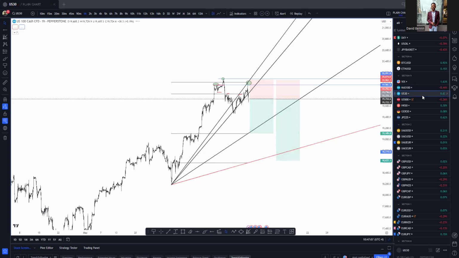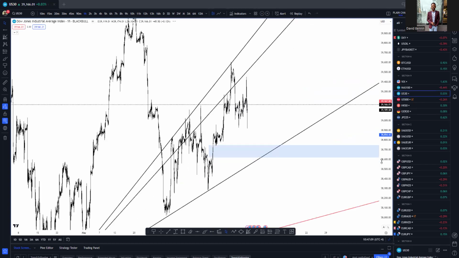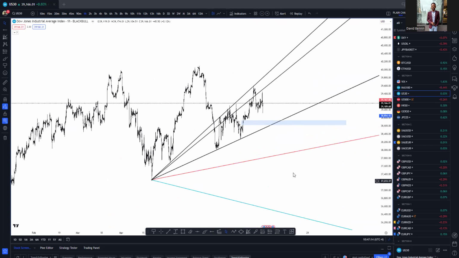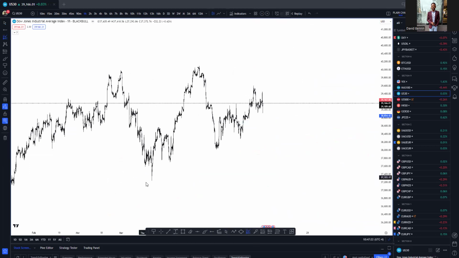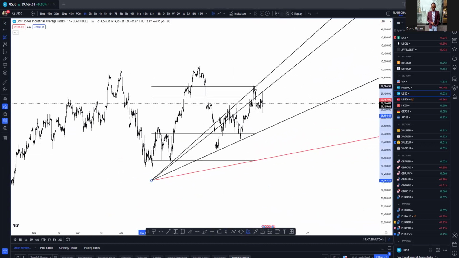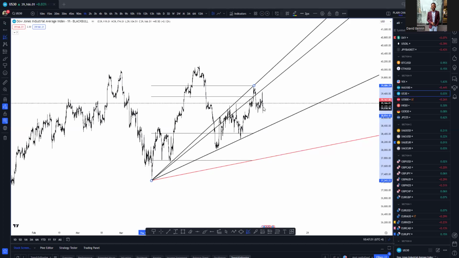Let's have a look at the other indices and see if they have similar price action here. So they have a similar price action. This is the US 30. Let's have a look at this. So with this, drawing my levels from here to here.